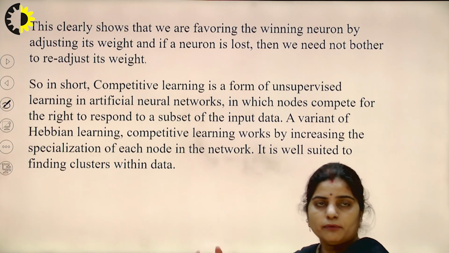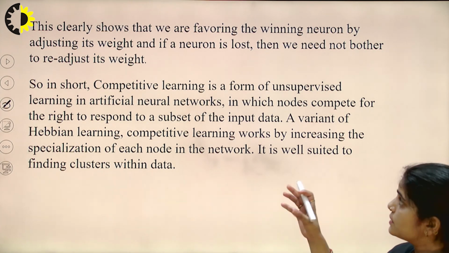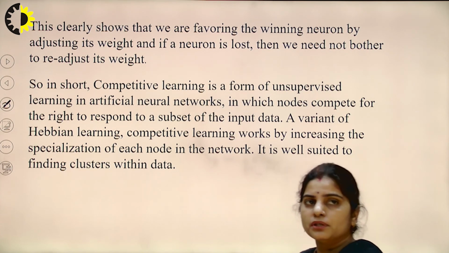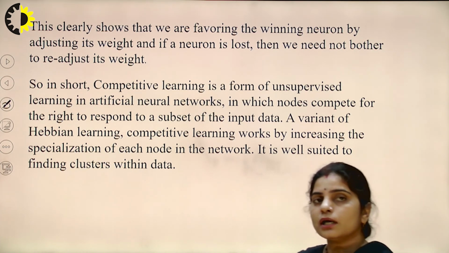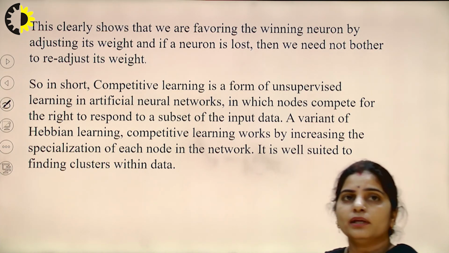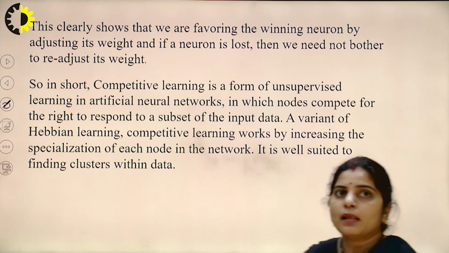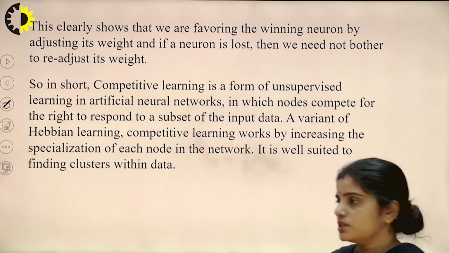We favor the winning neuron by adjusting its weights, and if a neuron loses, then we need not bother to readjust its weights.